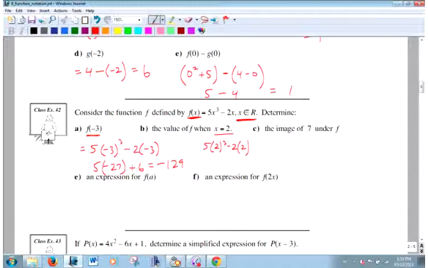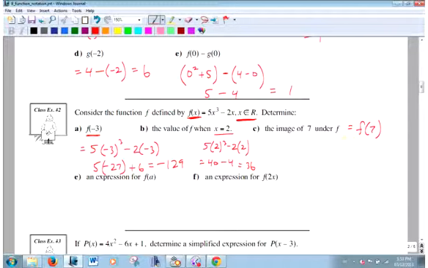Okay, they're just wording it differently. Okay, that's 8. 2 cubed is 8 times 5 is 40 minus 2 times 2 is 4. That's 36. And this is that image arrow stuff. You know, it's in our book. It's not something totally important, but this says exactly the same thing as this.